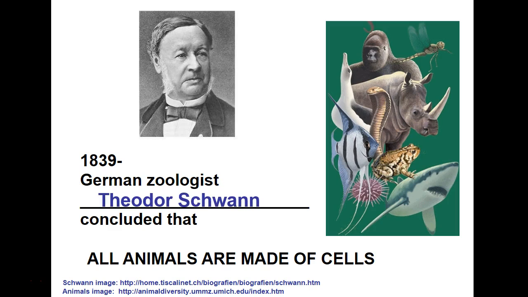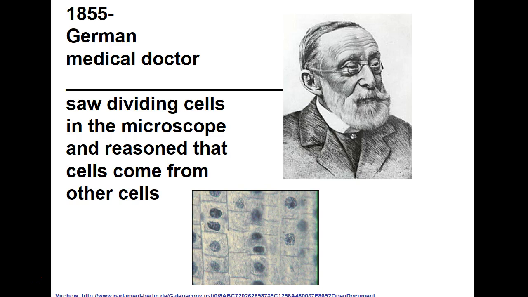His name is Theodor Schwann. Schwann kind of sounds like swan. So anyway, Schwann said all animals have cells, a year after Schleiden.